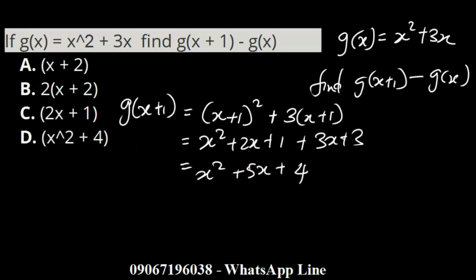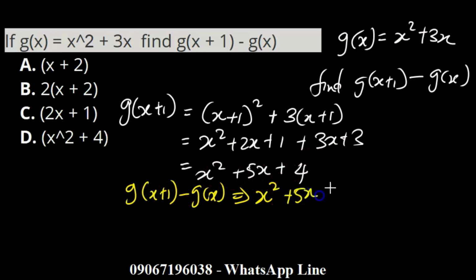So let's look for g of x plus 1 minus g of x. If we do that, g of x plus 1 is x squared plus 5x plus 4, minus g of x.